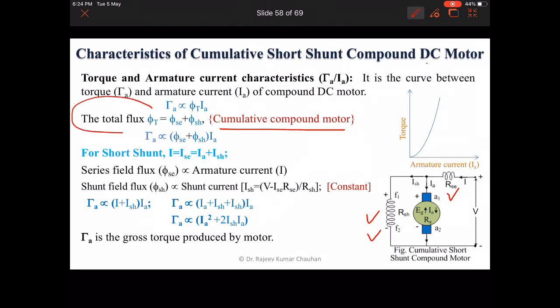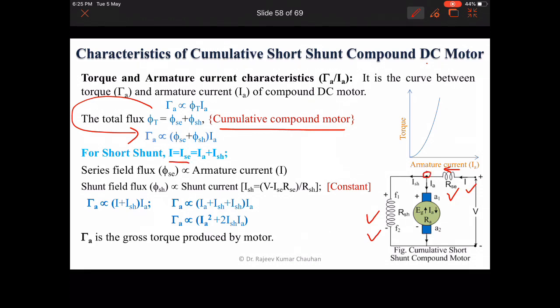Therefore, we can write the torque equation like this: tau a is proportional to phi se plus phi sh multiplied by Ia. From the circuit, we can see that the current I is flowing through the series field winding. Therefore, we can say that I is equal to Ise.